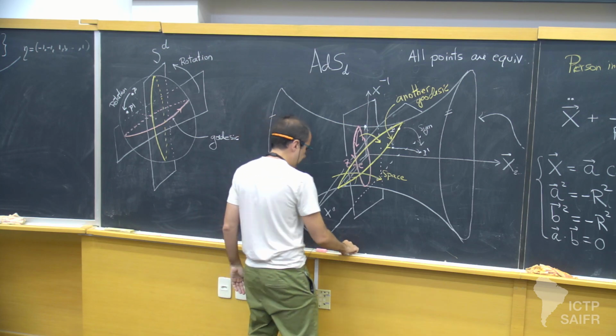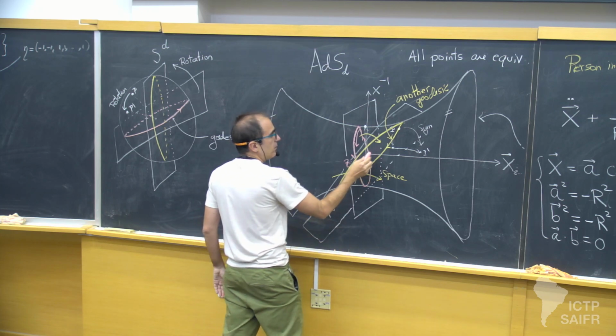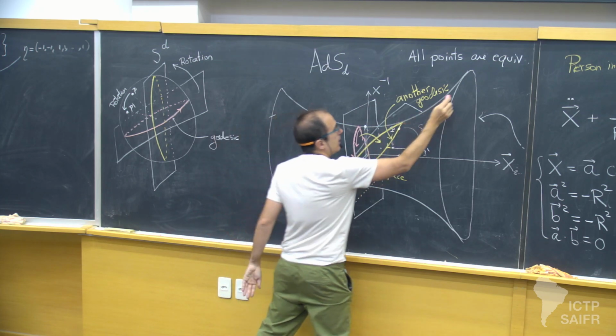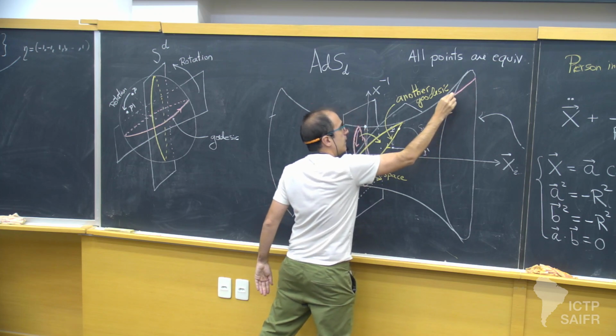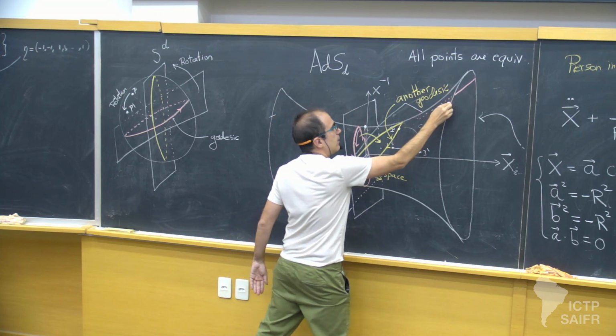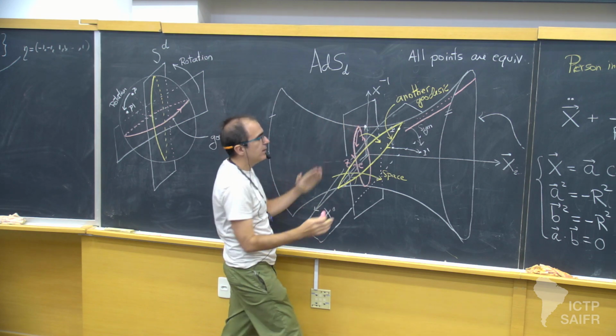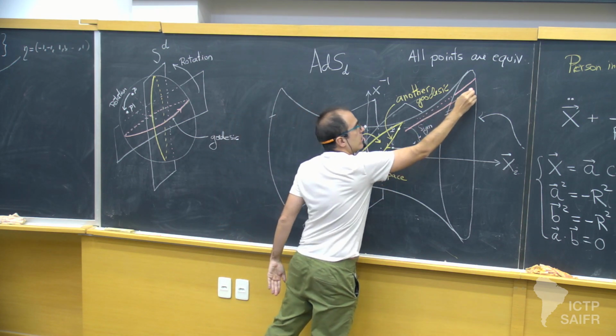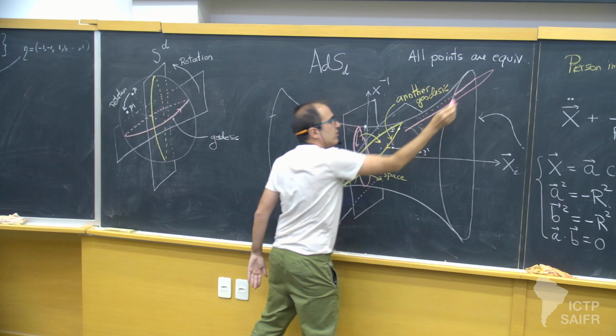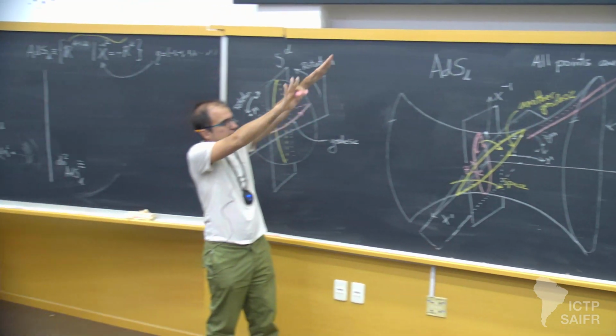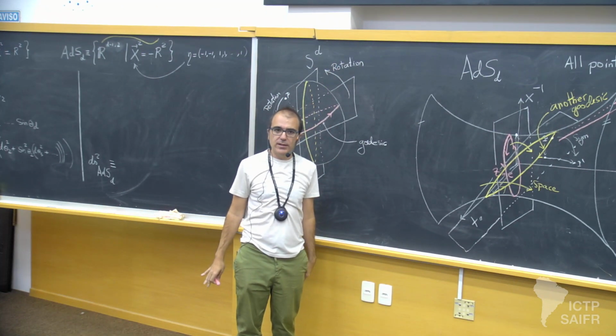And eventually, in the limit, they would become two parallel lines, one going like this in the back, and one coming like this in the front. So this would be the limit of boosting infinitely. You boost more and more, and eventually they don't meet, and they just go all the way to infinity.